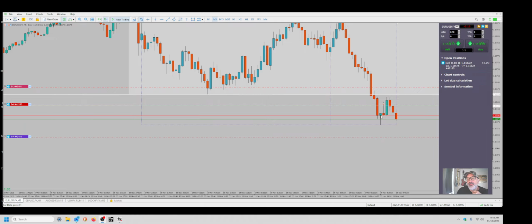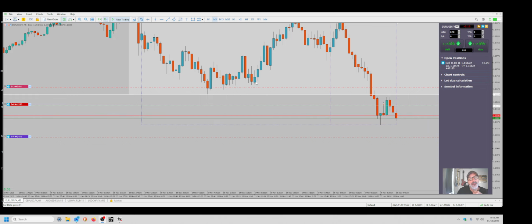Most buyers came in through here. I don't look at this little hammer candle as anything I'm going to be looking at to trade off of because of this down move here. It's going to take a lot of buying to push up higher when you have all these sellers there.